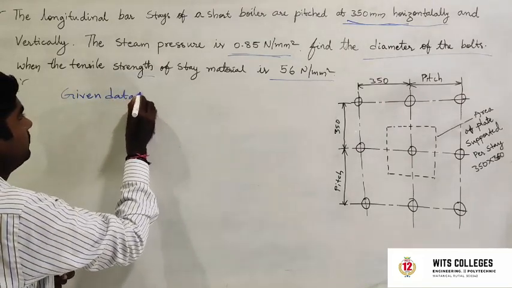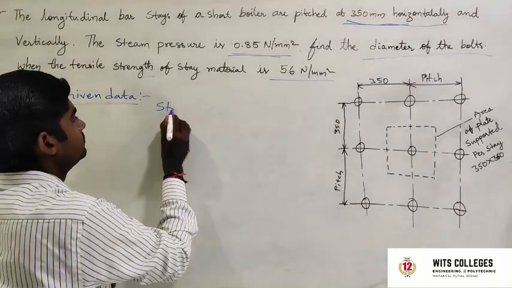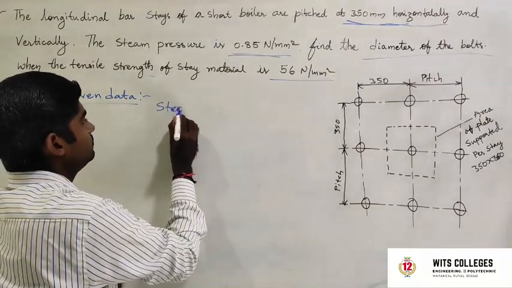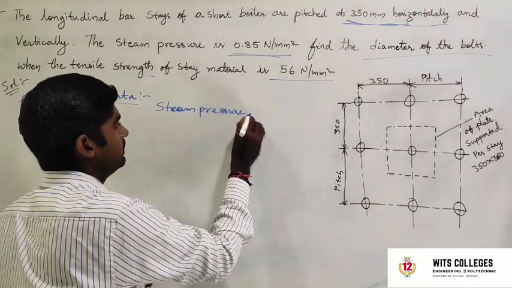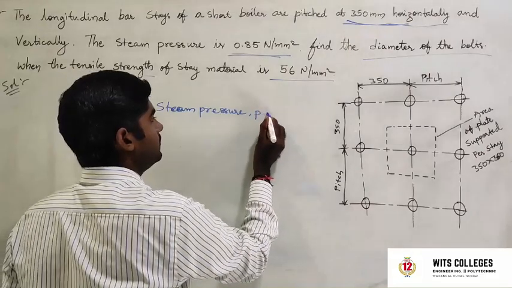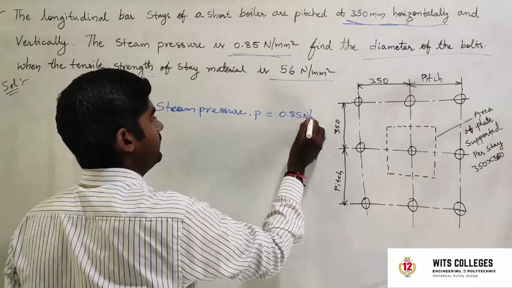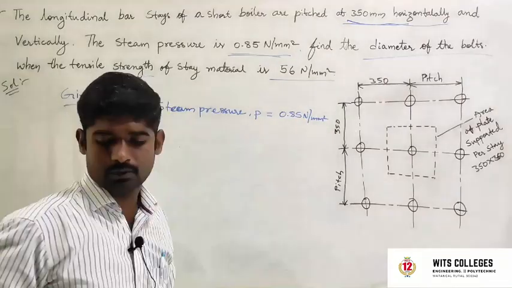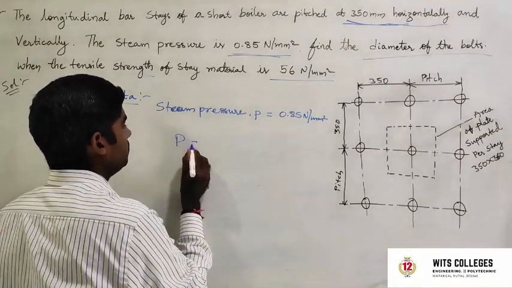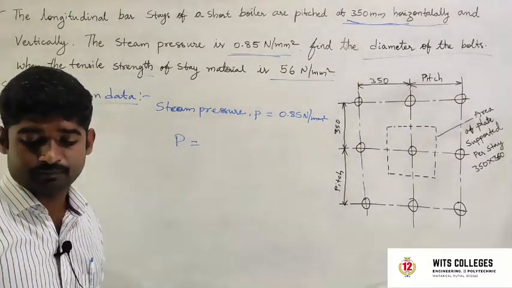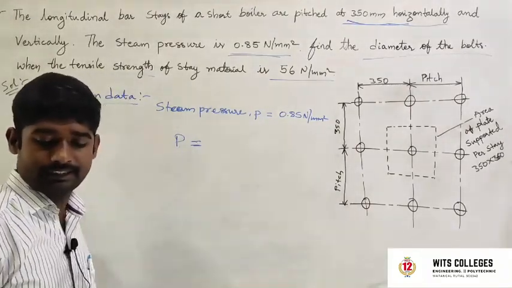Given data. First of all, the given data: steam pressure, small p, is equal to 0.85 newtons per mm square. Pitch, P, is equal to 350.